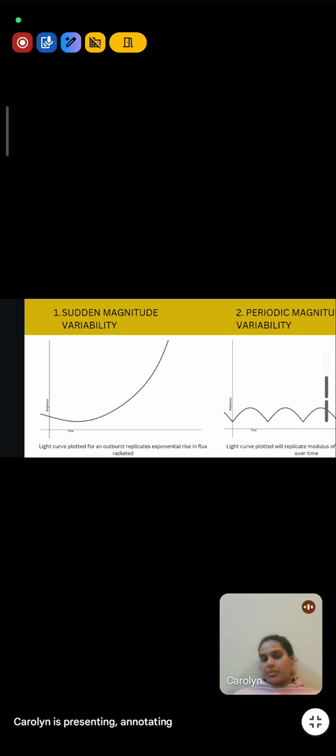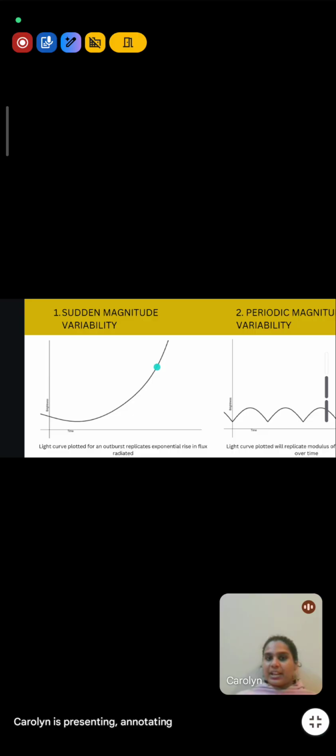You might have learned from the previous activity we did in the previous session that we always look at the change in flux, right? There is a brightness and time curve wherein you will be able to see how the flux has increased or reduced. For example, you take the value here and at the end it is reaching somewhere here.